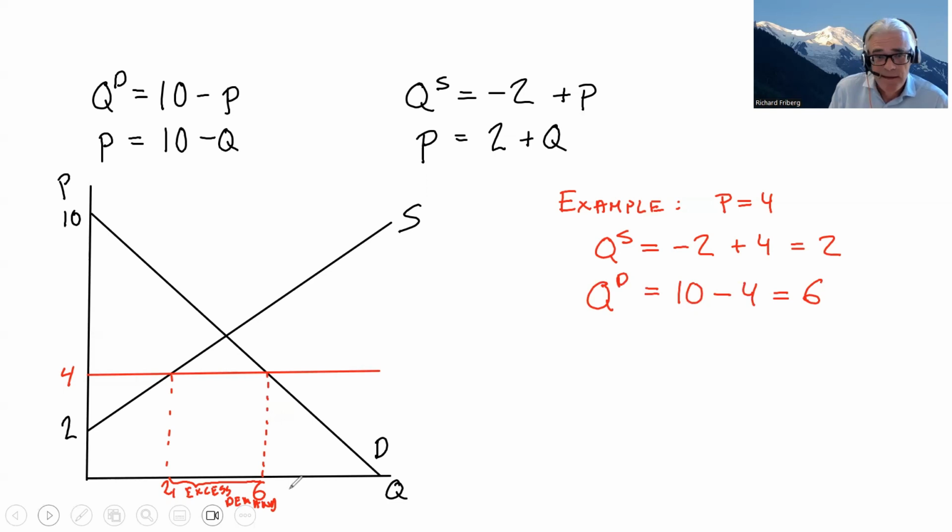Okay, what would be the expected developments in a case like this? Well, if it's a well-functioning market, you note that there's lots of people who want to buy. There's much more units demanded than there are units supplied. We would expect an upward pressure on prices. So back in the real world, we would be seeing lines forming. We would be seeing a black market developing.